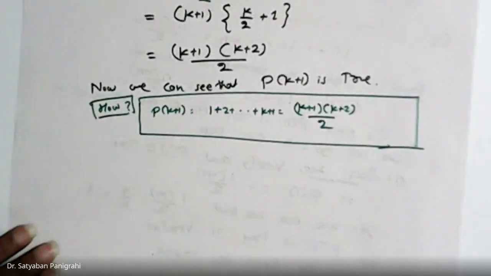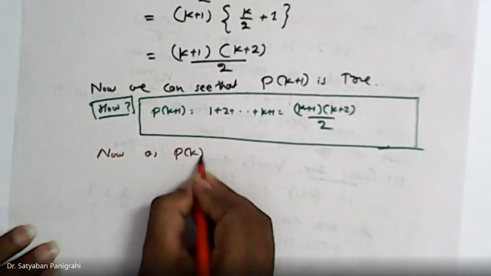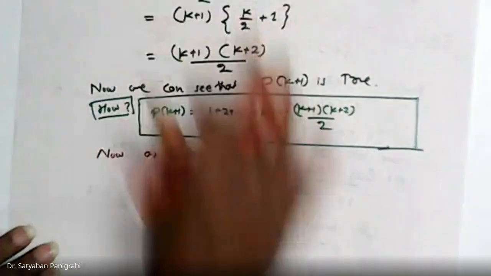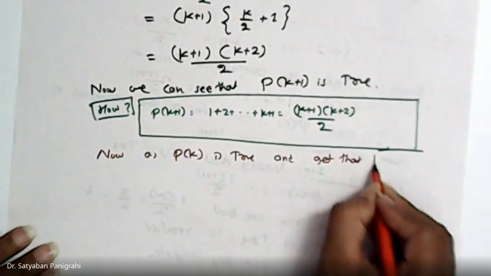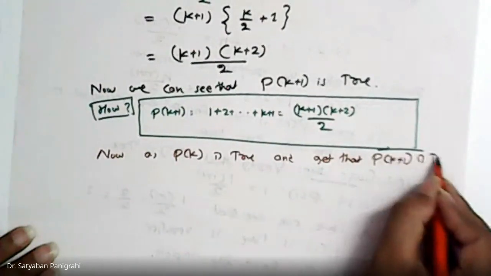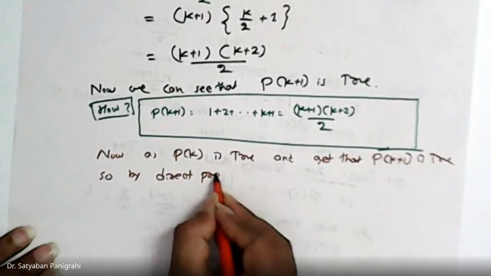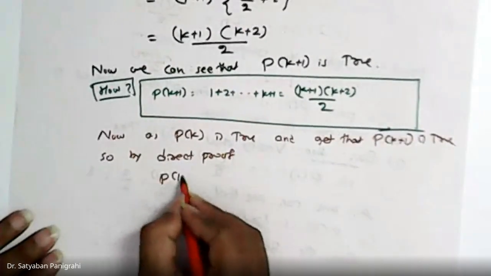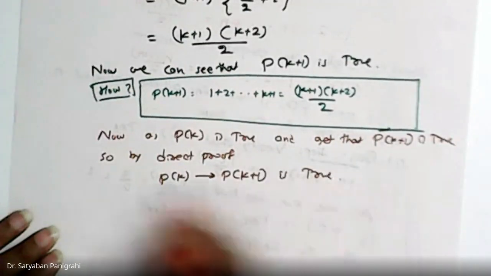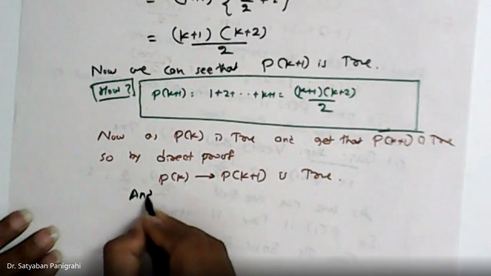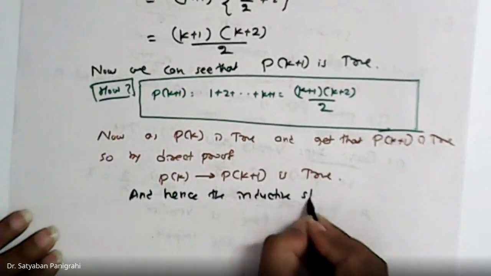Now as the last, what can you say? As Pk is true, we have taken and get that Pk plus 1 is true. So by direct proof, our Pk implies Pk plus 1 is true, and hence the inductive step is complete.